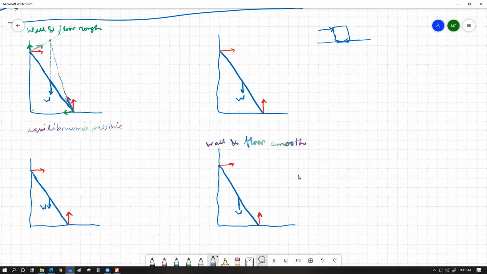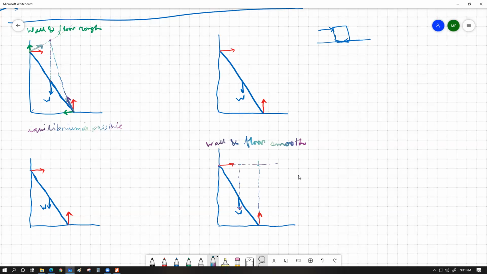If this is the case, then what's going to happen? This would mean that we don't have any presence of friction, which means these green arrows would be altogether missing from the figure. These reaction forces are the only forces available at the contact points. So now what we want to judge is it possible for these three forces to have a common crossing point? Now what you'll find out, if I just extend out this force and extend out each of these two forces, because they are perfectly parallel to each other, we cannot have a common cross point.